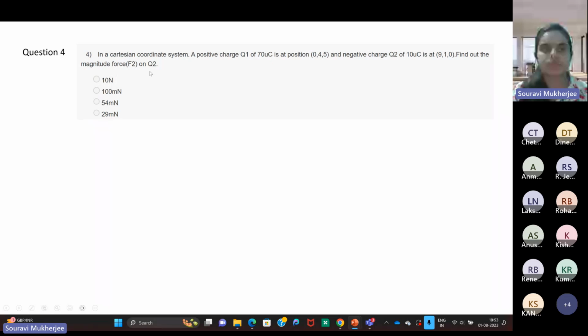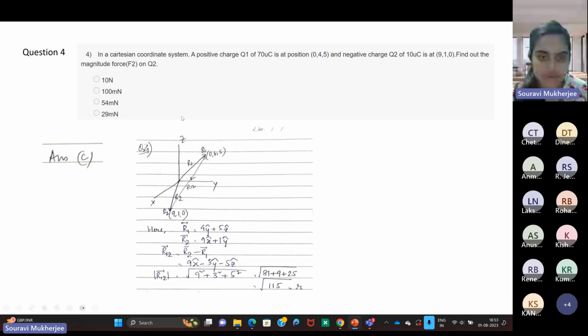Okay. So how do you do it? These are again straightforward. What you can do is write the position vector for Q1, and the position vector for Q2. And how do you find the separation vector? It's R2 minus R1, right? So this is your position vector.